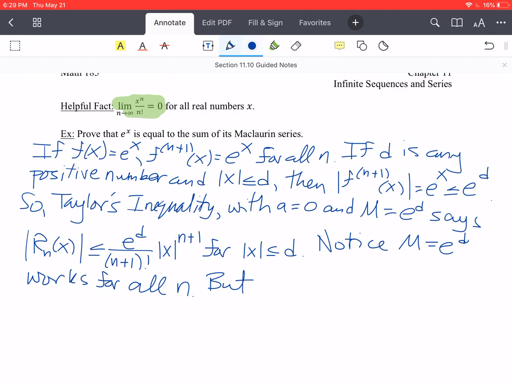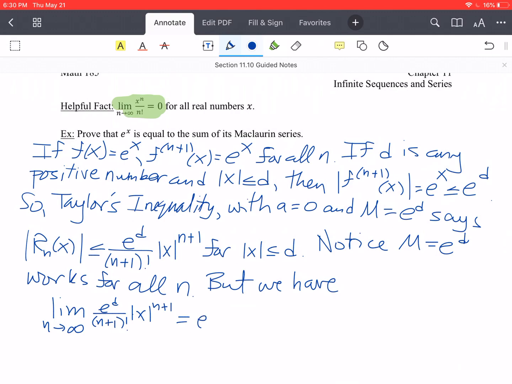But since that's the case, when we look at this expression and we take a limit, we have the limit as n approaches infinity of e to the d over n plus 1 factorial times the absolute value of x to the n plus 1. E to the d is just a constant.